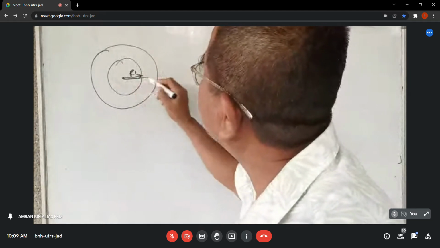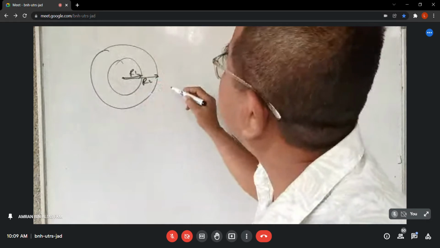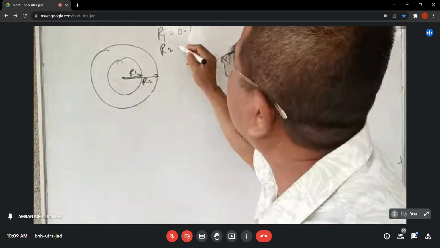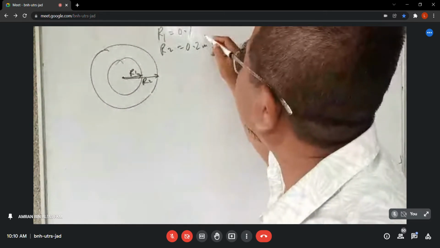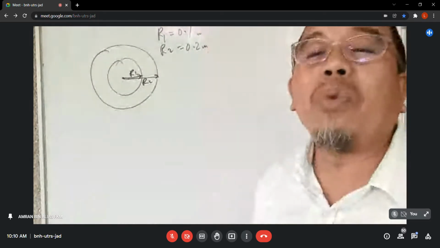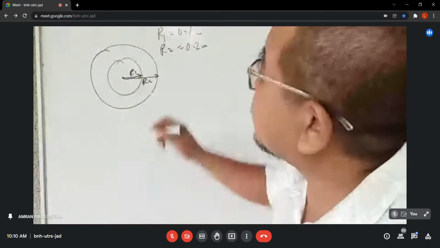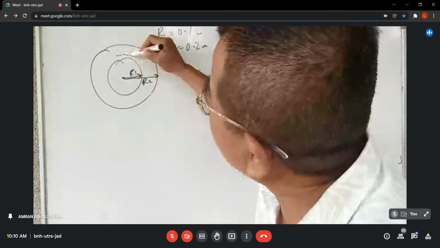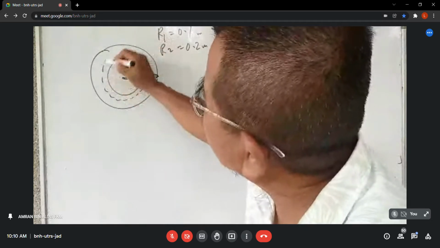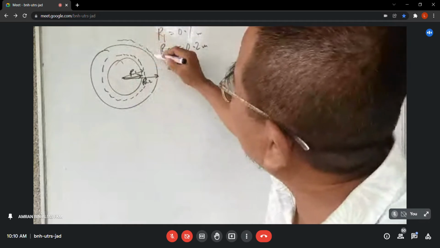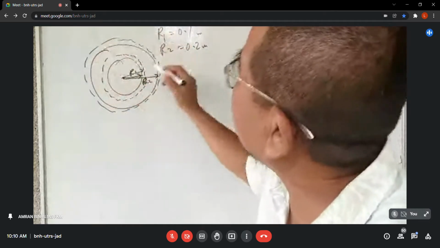R1 there and R2 there. Let's say R1 is 0.1, R2 is equal to 0.2 meter. After we give pressure, what happened? R1 will go to a new point, right? There's a new R1. And then R2 will go to the new point there.